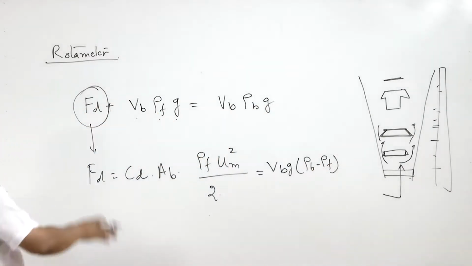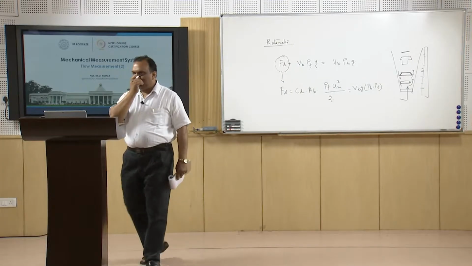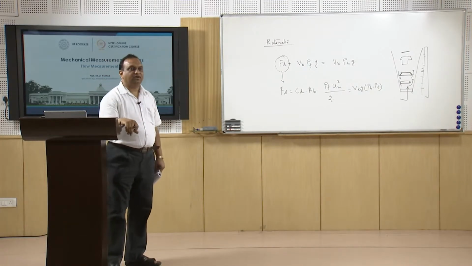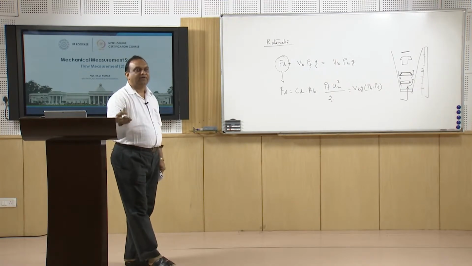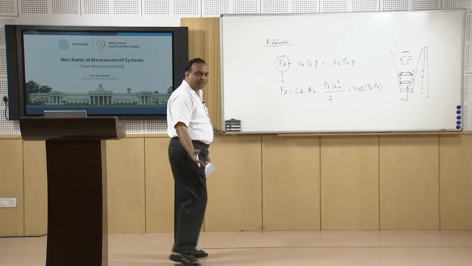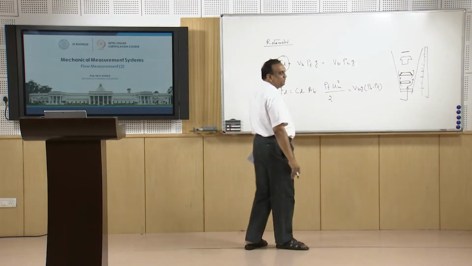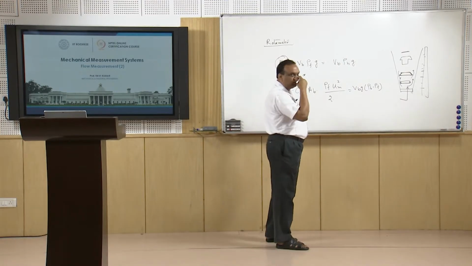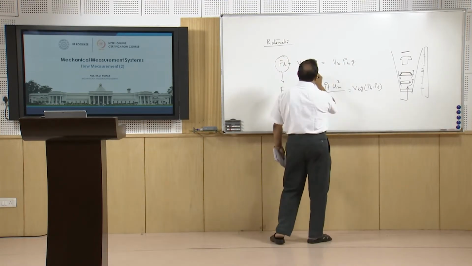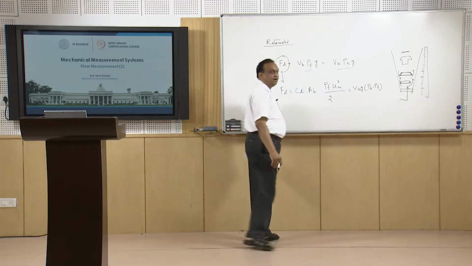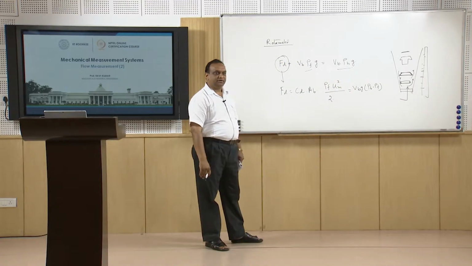So definitely the rotameter will not work in space or in zero gravity, or if gravity is changed or reduced, it will not function properly. In zero gravity it will not work at all because we are taking help of gravity force here for the purpose of measurement.